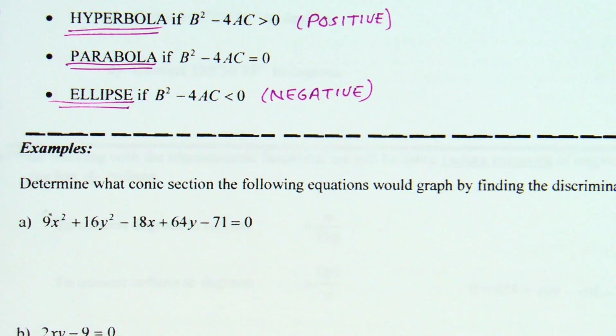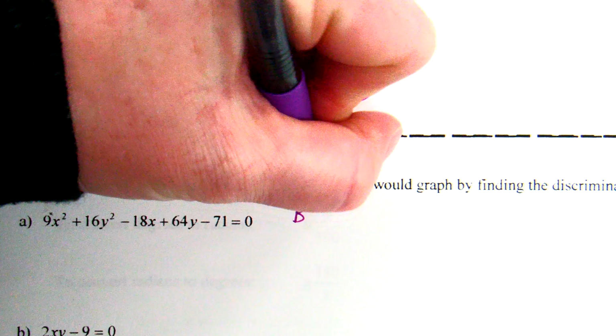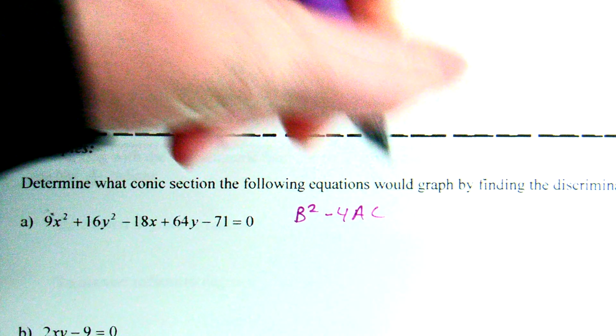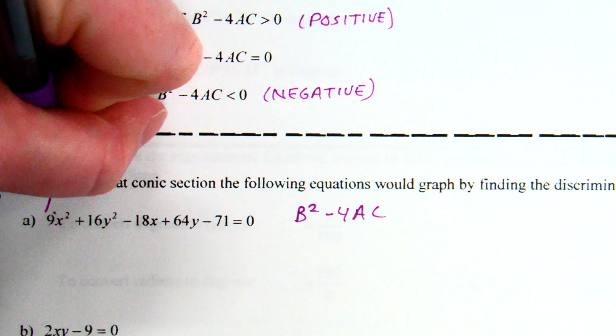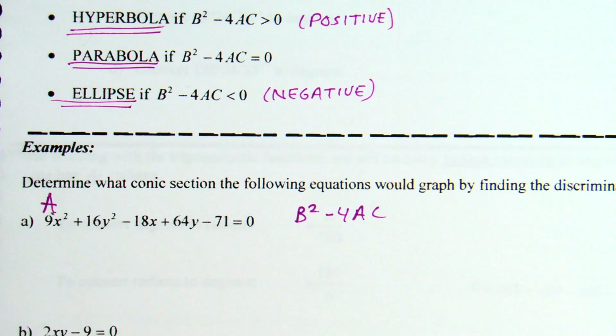Based on the discriminant test, and the fact that we have to find b squared minus 4ac, what does that mean I have to know? A, B, and C, right? So let's go through and identify. What is 9? A. What is 16? C. What is negative 18?